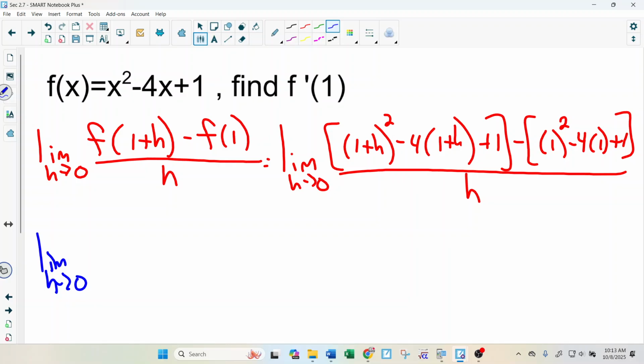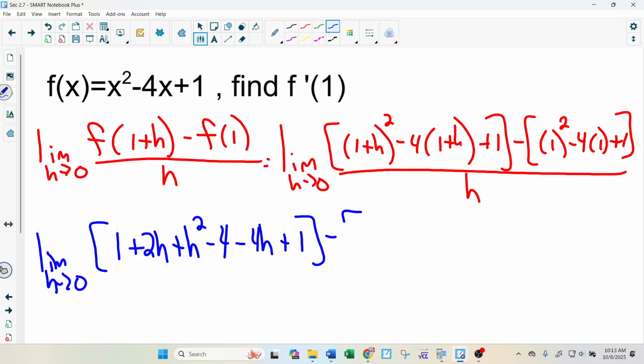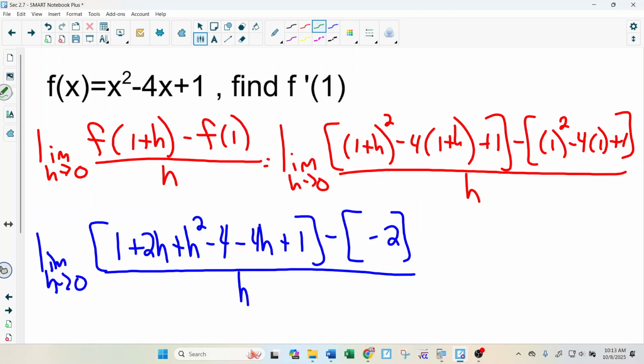We've done a lot of these, so I'm just going to write this down instead of giving you time to do it here. It's just doing all the algebra. So we get 1 plus 2h plus h squared minus 4 minus 4h plus 1, minus, this is 1 minus 4 plus 1, which is minus 2.